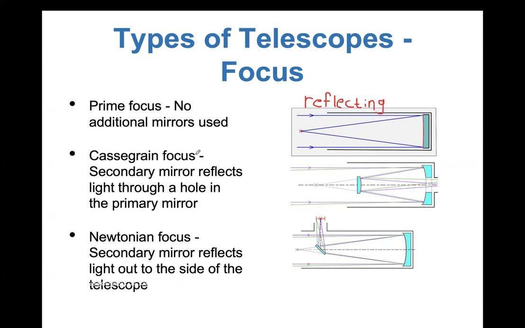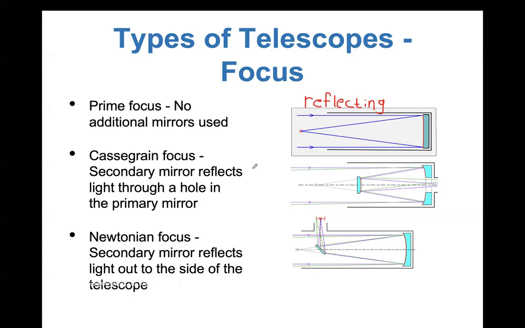So quickly, because these details, although you're responsible for them, won't always come up, are a Cassegrain focus and a Newtonian focus. These are what modern reflecting telescopes are based off of, and they all include more than one mirror. In the case of the prime focus, there's just that one curved mirror.